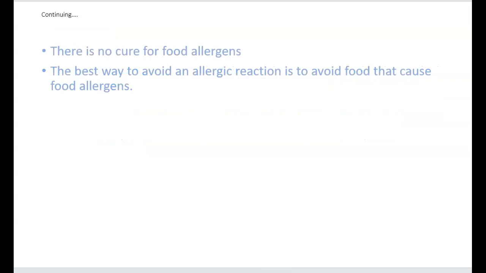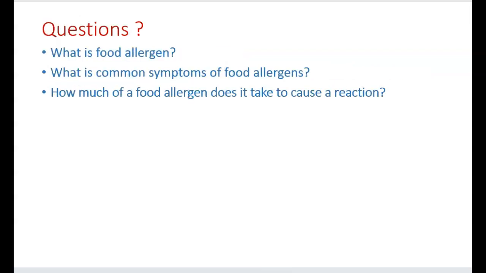There is no cure for food allergens. It can only be avoided, or if it is mistakenly taken, there are some kinds of shots or medicines to recover from it. The best way to avoid an allergic reaction is to avoid food that causes food allergens.